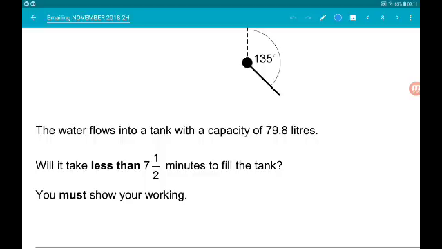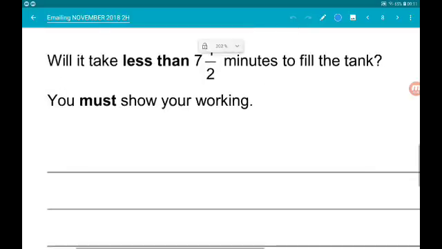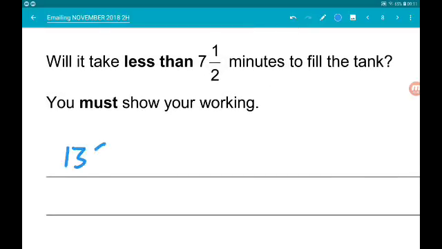So we just need to think about what is 135 as a fraction of 180. So 135 over 180, whack it in your calculator, it's 3/4.